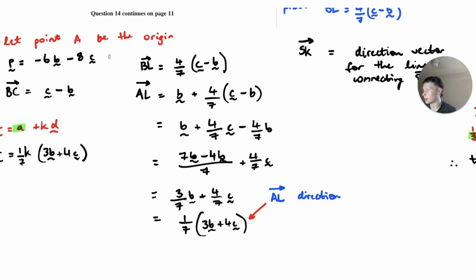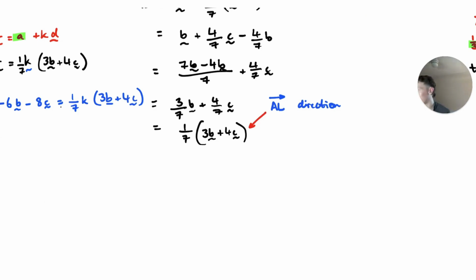So then what I'm going to do is say, okay, can we find a solution for K which lets us put this point on this line? Okay, and here again, if we want to equate our terms, we've got to multiply through by 1/7k on the right. So we're going to keep the left-hand side for now and multiply through by 1/7k.